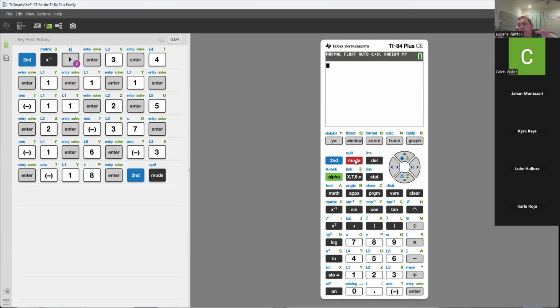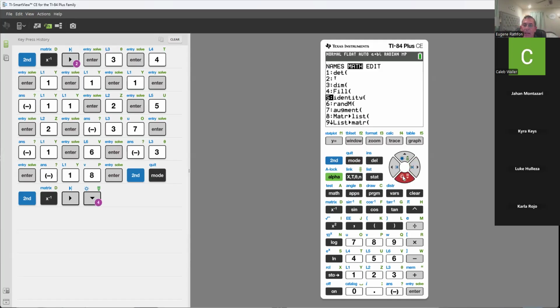Now, the only difference between the first problem I did and this one is this one just had more equations and more numbers. I'm going to solve it the same way. I'm going to go second, x -1 for the matrix stuff. I'm going to highlight the math column because that's where we're getting the math operations.